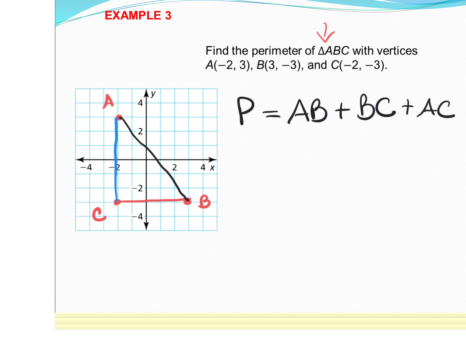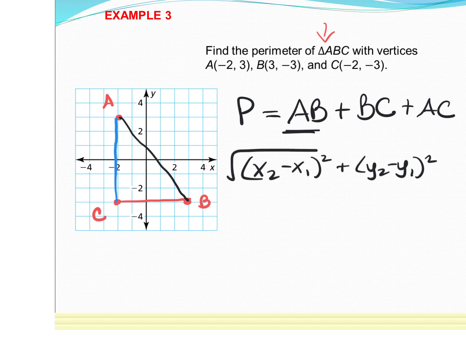So for the first one, for AB, that's going to be the more challenging one because it's that diagonal segment. We need to use our distance formula, the square root of (x2 minus x1) squared plus (y2 minus y1) squared. So we're going to be using the ordered pairs A and B because we're looking for the length of segment AB.